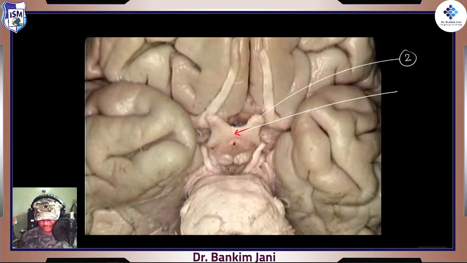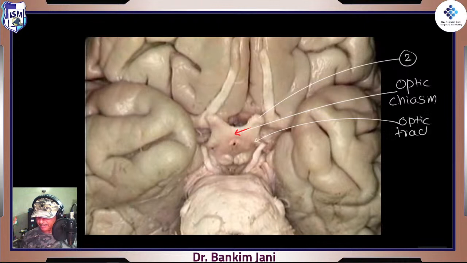They crisscross. So that is called the optic chiasm, right? That is also known to you. And then those are the optic tract, right? In between what you are watching, in between, right?